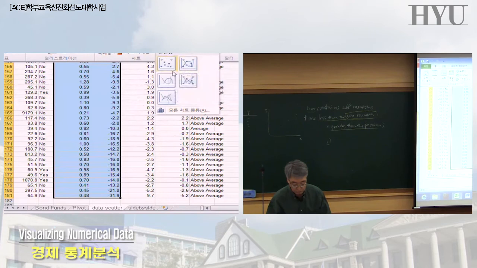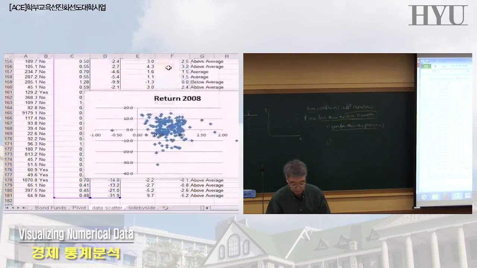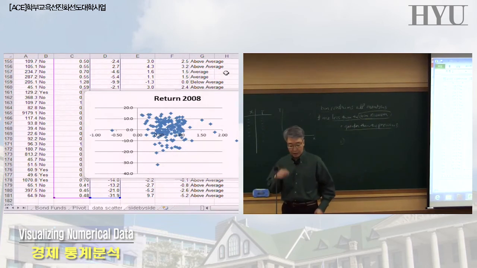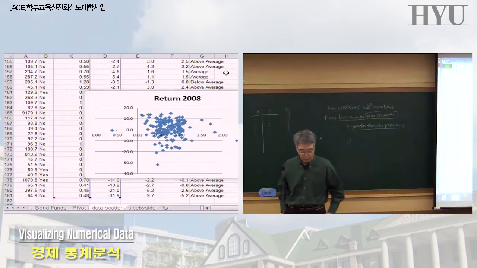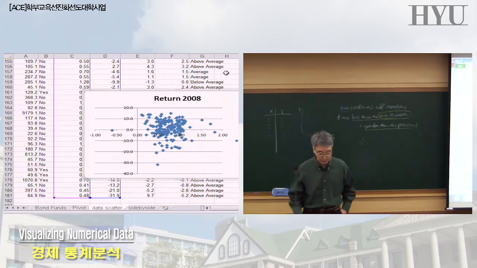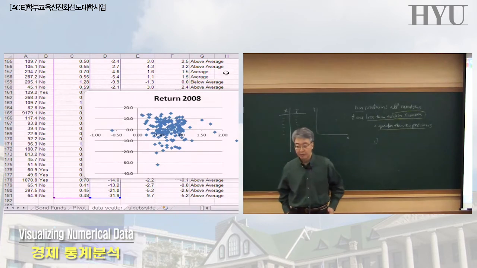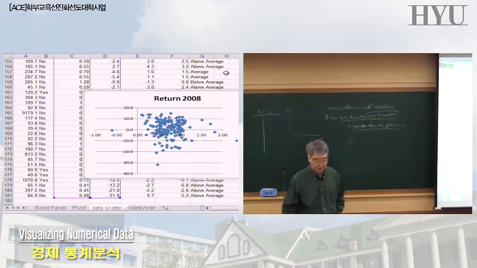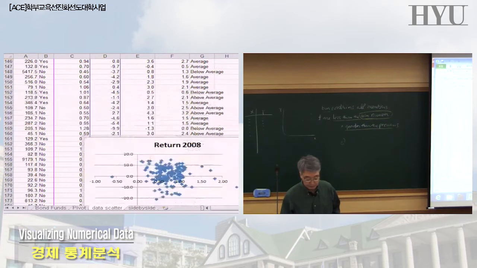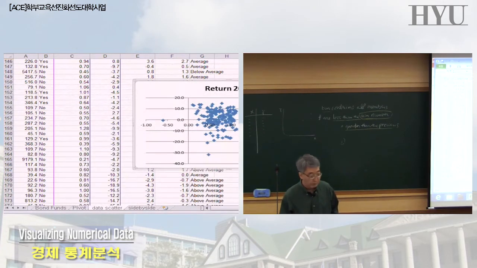You can choose whatever you want, but let's try this. Okay, what do you think? Do you think there's any relationship between the 2008 return and the expense ratio? Those funds that charge higher fee or expense, do they promise higher return? Doesn't look like, right? It doesn't show any particular trend.